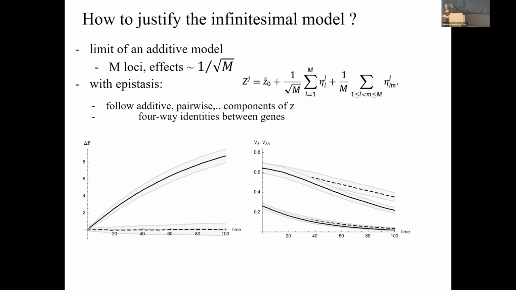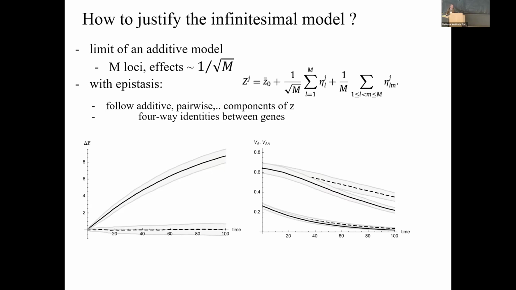We need to know what's the chance that this gene and this gene are identical, and this gene and this gene, or the chance that all four are identical. We have a bit of a zoo of F coefficients. But in principle, you have the same sort of scheme in which you can argue that the variance components with epistatic genetic basis will vary, but due to inbreeding and not due to selection.